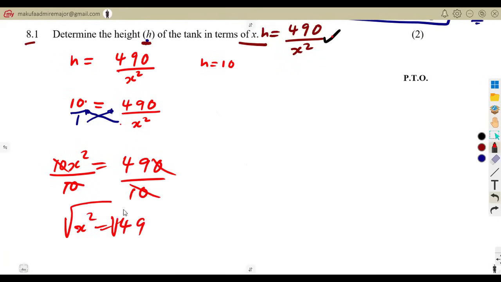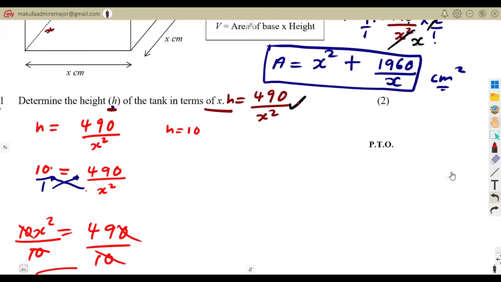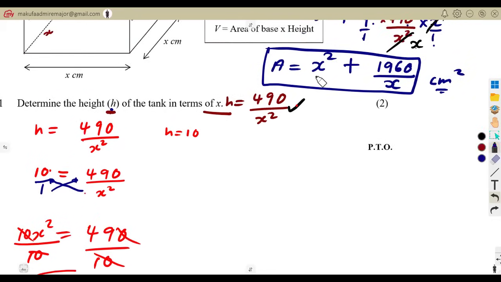So introducing the square root, x was going to give us 7. We know this is length, so we just take our length as a positive value. So if x is 7, we can determine this area here. Because they said determine this if the height is 10, but you have to calculate x first.